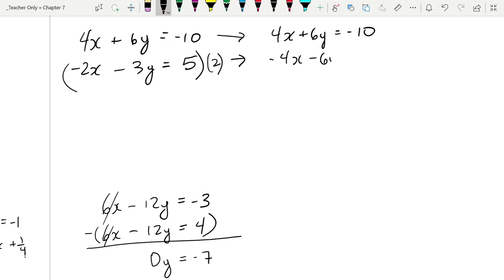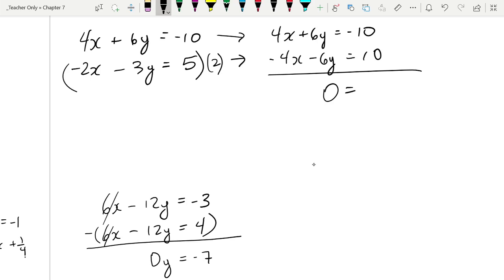And I didn't notice until I started working with it that, oh, hold on, both of my variables are about to eliminate. 4 add negative 4 is 0, 6y add negative 6y is 0. I get 0 equals, but notice this one's different than the other example.